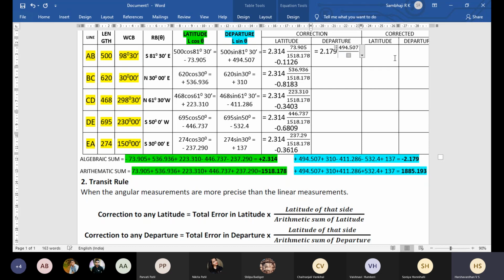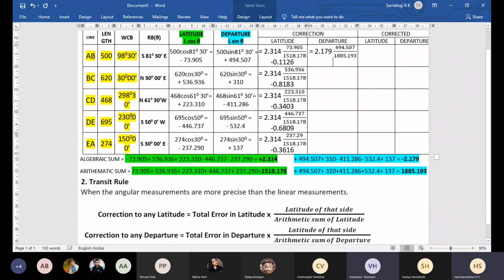Arithmetic sum of departure is 1885.193. So please calculate and tell me what is the answer. 0.6069, sir.